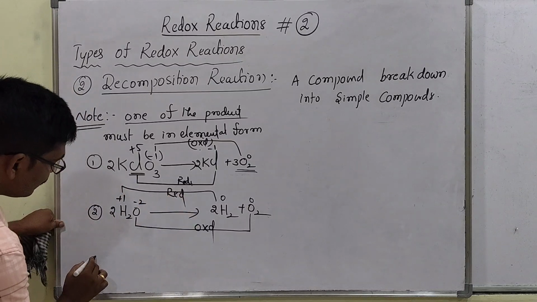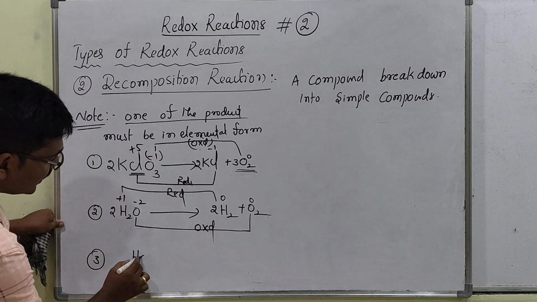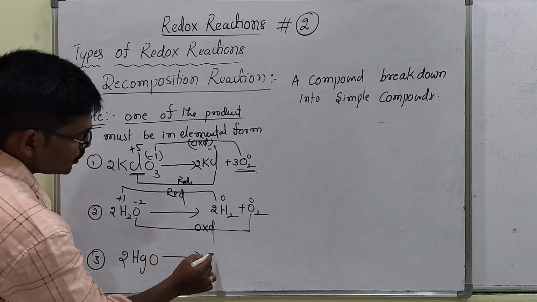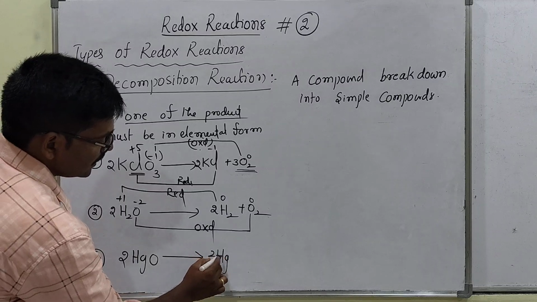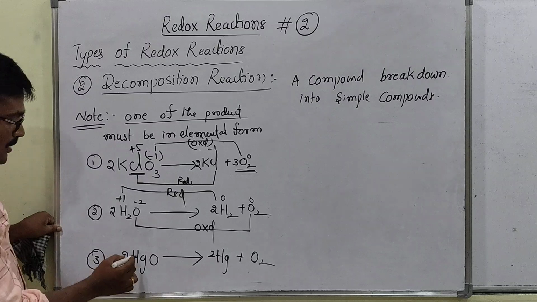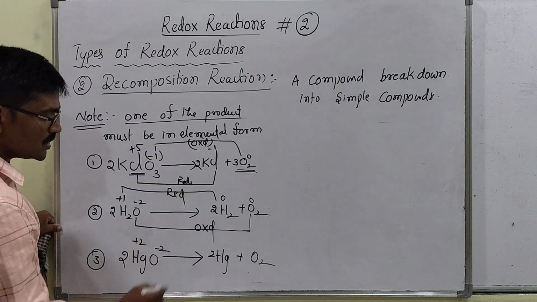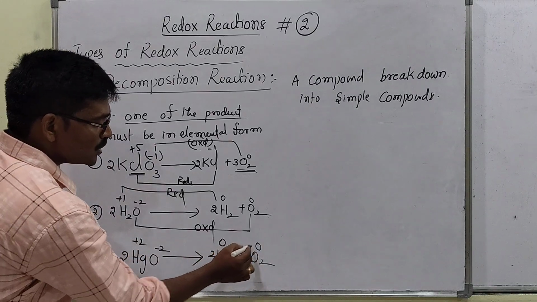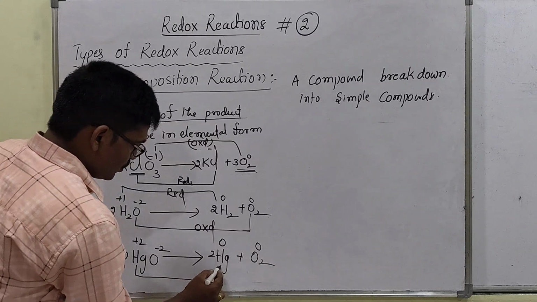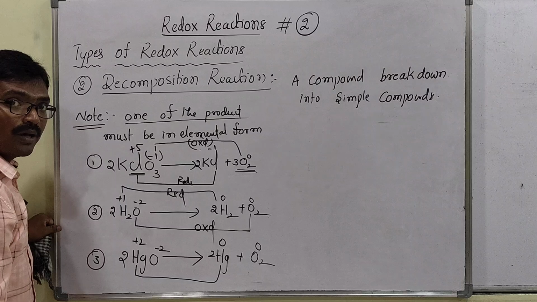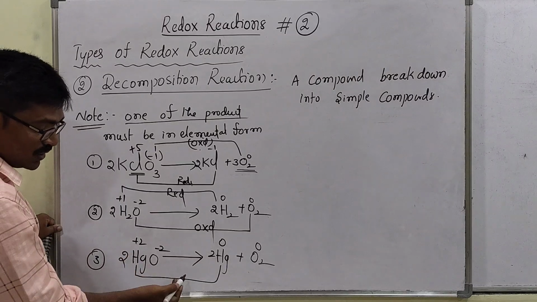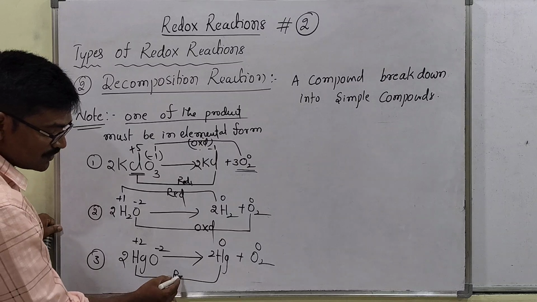Then one more example, sir: mercury oxide, HgO, will be decomposed into Hg plus O2. Here plus 2 oxidation state, here minus 2 oxidation state, and here 0 oxidation state, 0 oxidation state. Hg plus 2 to 0, the oxidation number decreases, so reduction takes place.